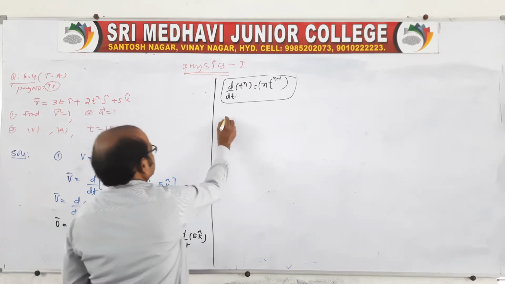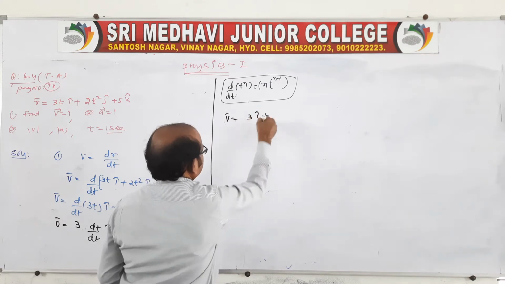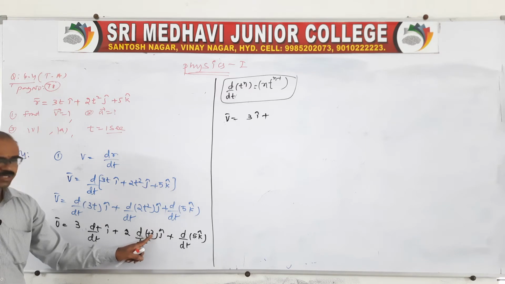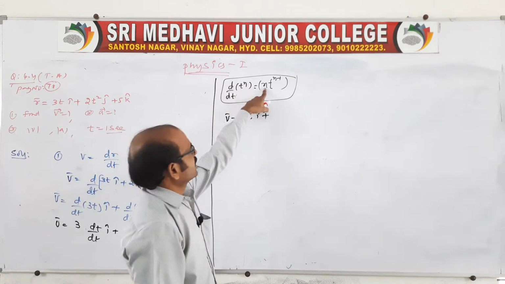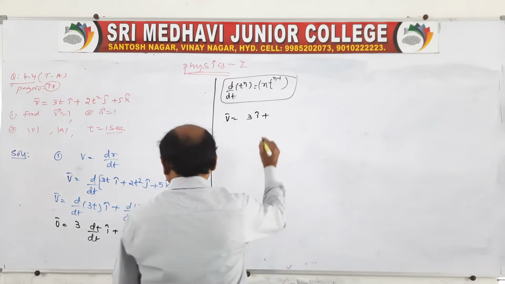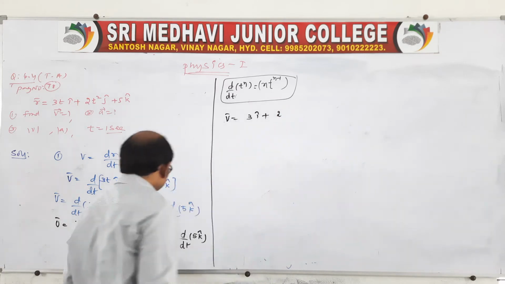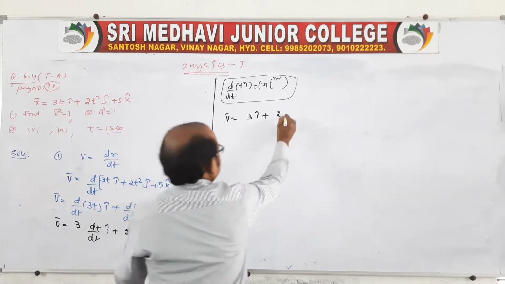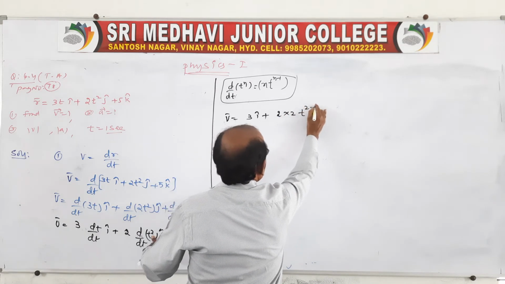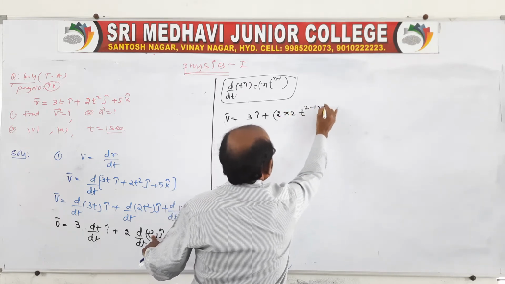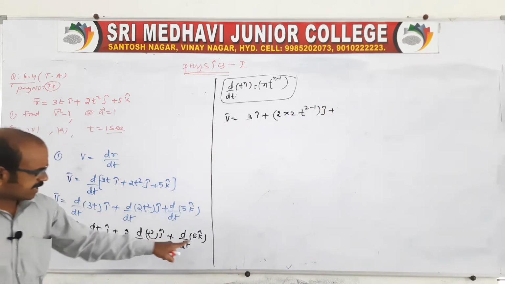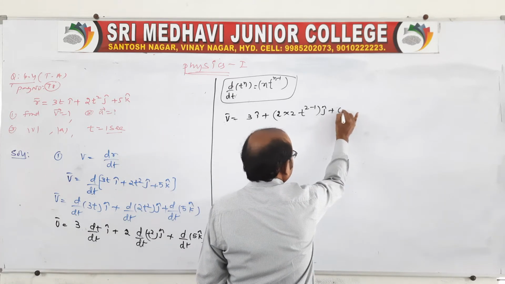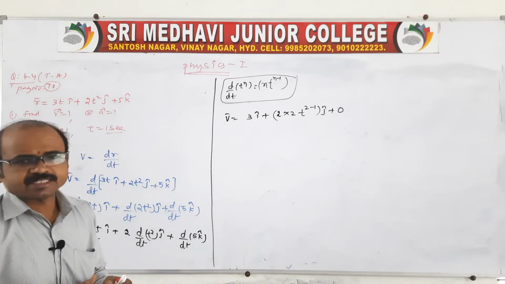So we get 3 i cap plus, for t square, n is equal to 2. Now you apply this formula: you write 2 and t power 2 minus 1 of j cap. Plus, look here, there is no t, so for a constant value the differentiation will be 0.